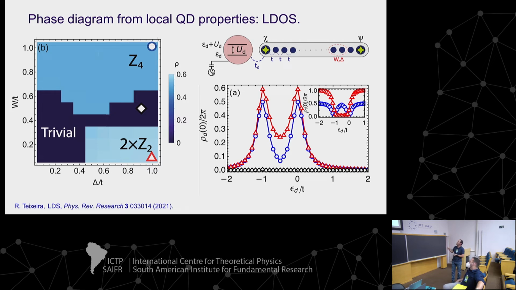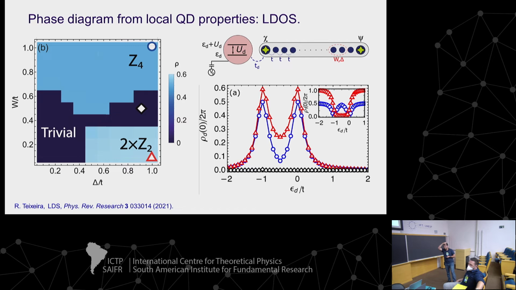But if you also look at the density of states at the first site of the chain, you also see a very large difference depending on where you are in this phase or in this other phase. So if you are in the Z4 phase, you still have some residual signature in the local density of states there. But if you are in the 2 times 2 Majorana phase, you see nothing. So these are spectral signatures, yes?